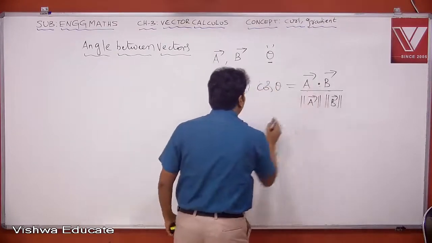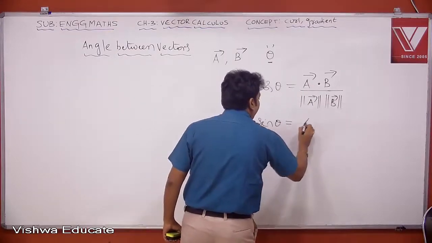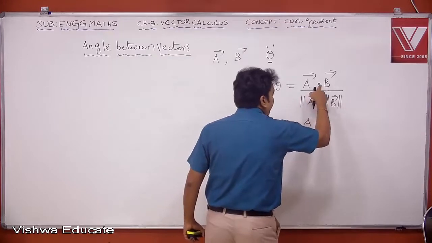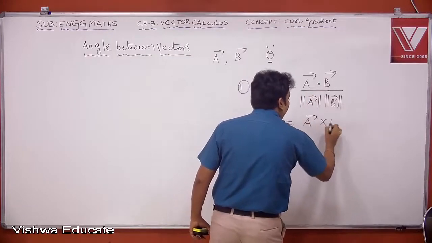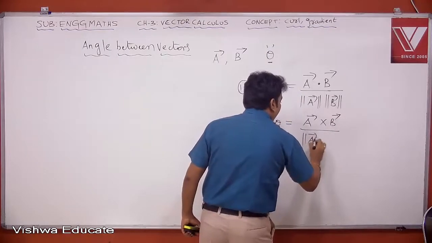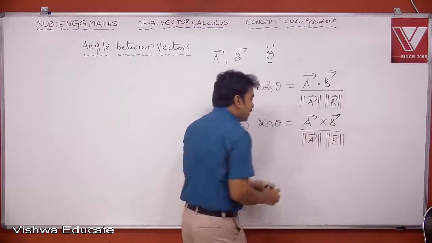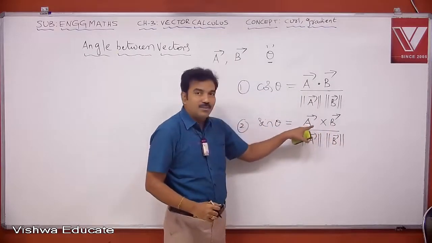Suppose the dot product is replaced by the cross product, then cos theta will be replaced by sin theta. In that case, this must be replaced by a bar cross b bar divided by norm a bar times norm b bar. But on the right side, something is missing. Can you guess?